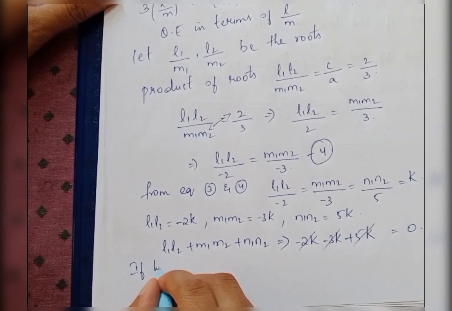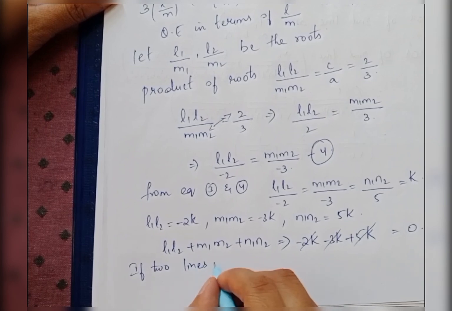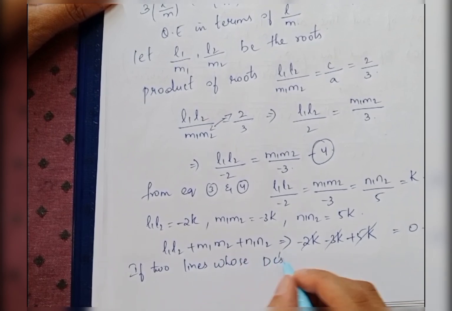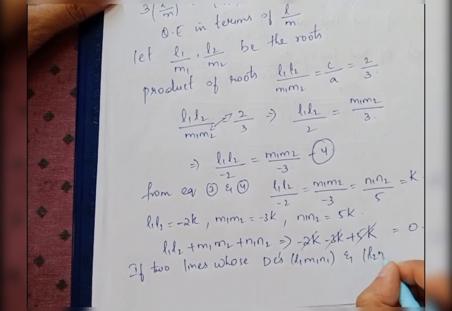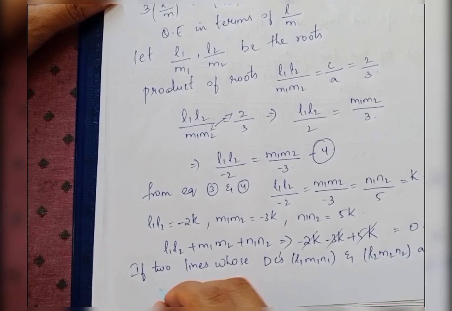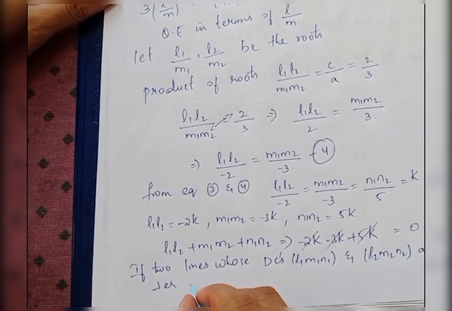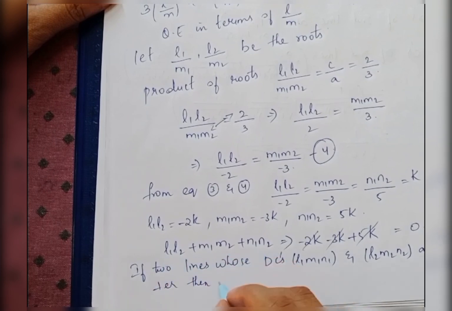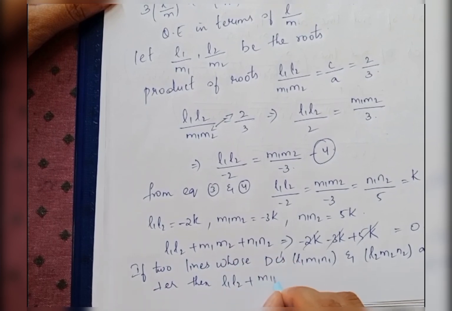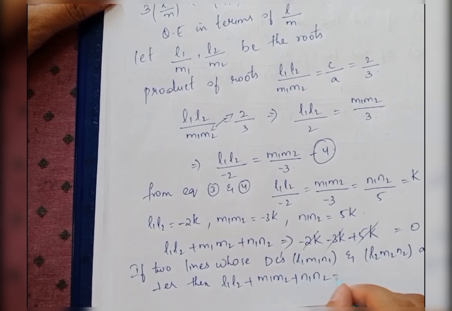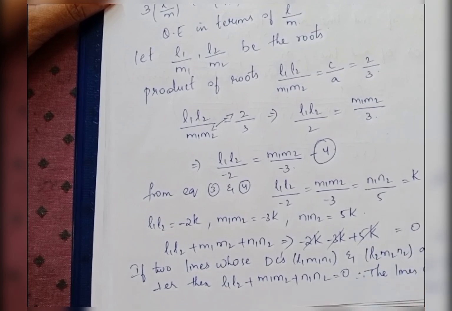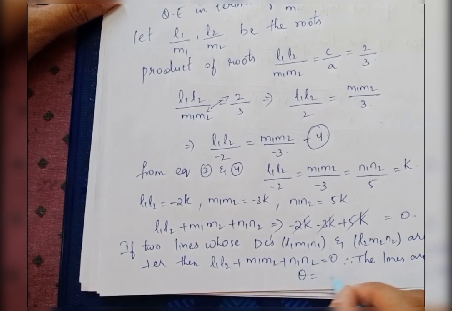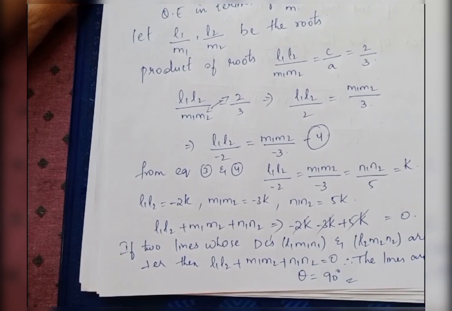If two lines whose DCs, these are the DCs l1 m1 n1 and l2 m2 n2, are perpendicular, then the condition satisfied is l1 l2 plus m1 m2 plus n1 n2 is equal to 0. Therefore the lines are perpendicular. If the lines are perpendicular, the angle will be equal to 90 degrees. So the angle is equal to 90 degrees.